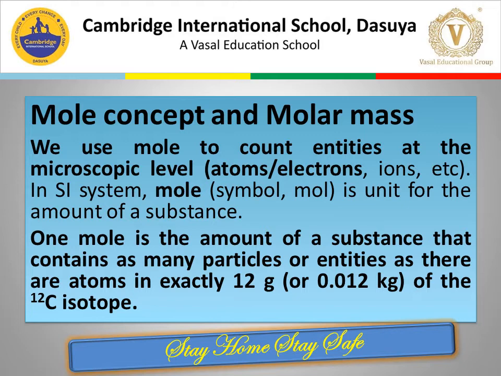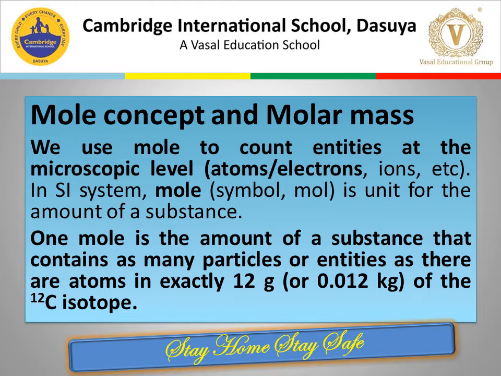Just as we use 1 dozen for 12 items, score for 20 items, similarly, we use the idea of mole to count the entities at the microscopic level, that is, the atoms, molecules, ions, electrons, etc.